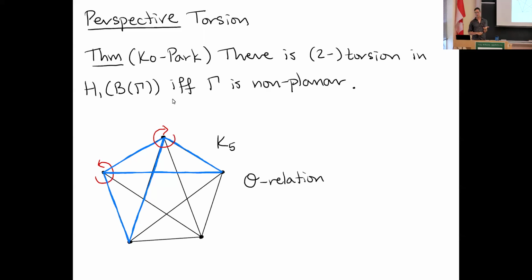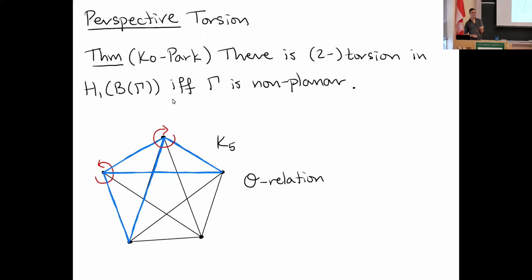If I do that using the theta graph that's in blue, an embedded theta graph inside of K5, I can move the star class that's at the leftmost vertex to the top vertex. And if you keep track of orientations, it's actually equal to the star class that's orbiting the other way. That's where non-planarity comes in.